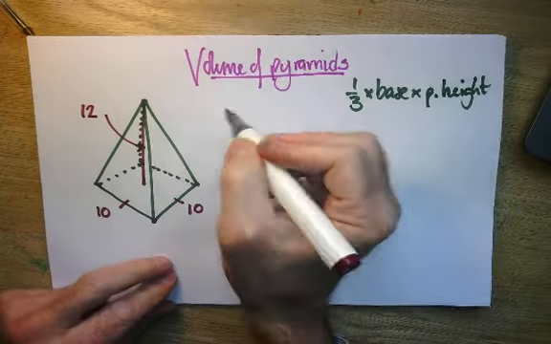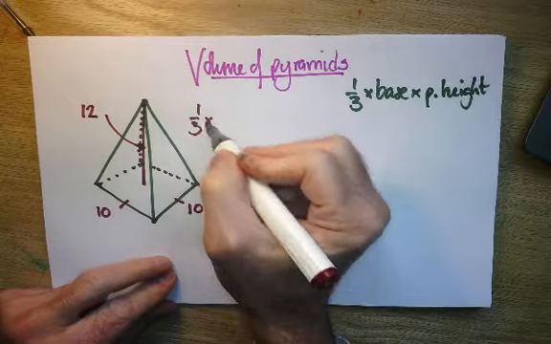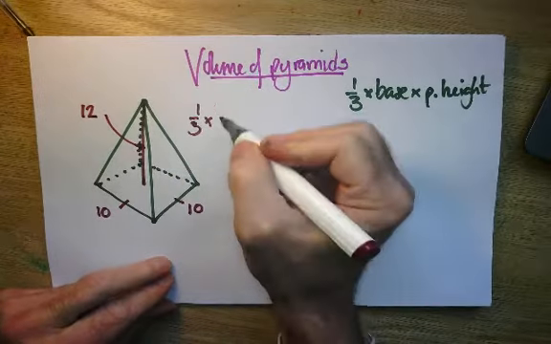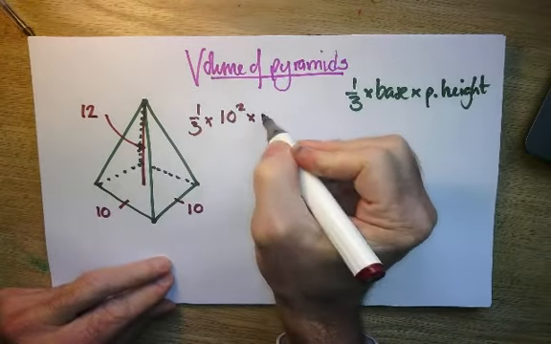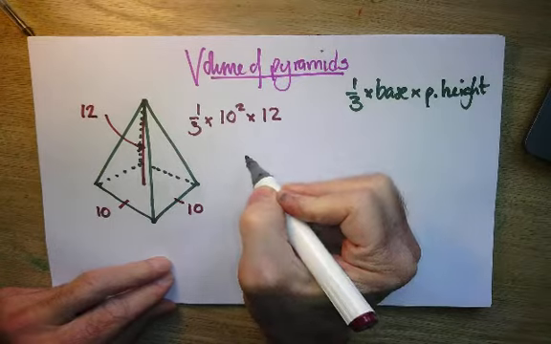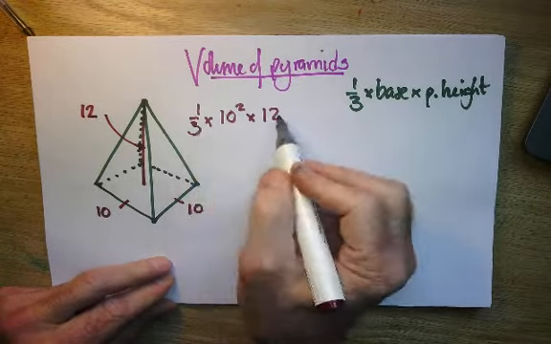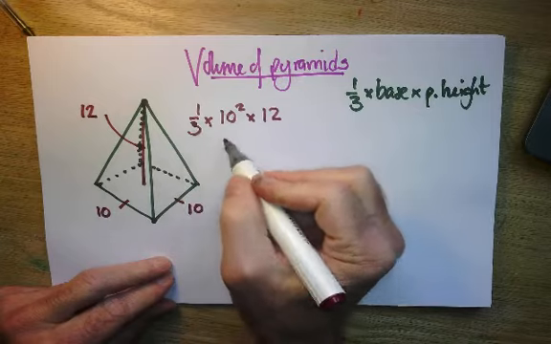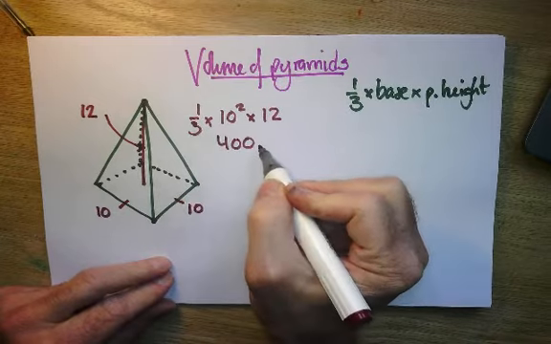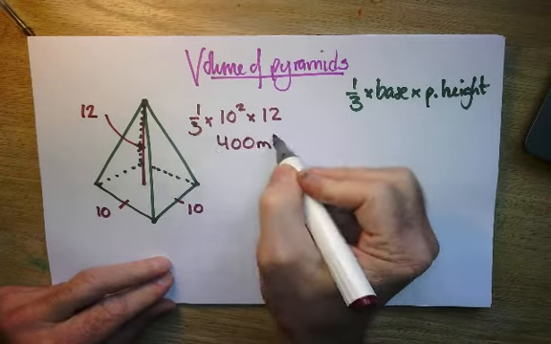Well, I simply put it in the formula. A third times the base, which is going to be 10 times 10, times the height. So that's going to be 100 times 12 divided by 3. 12 divided by 3 is 4. So the volume is going to be 400. Let's say this is meters.